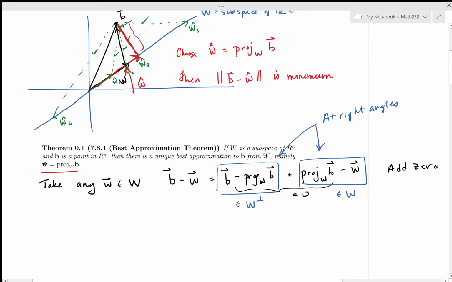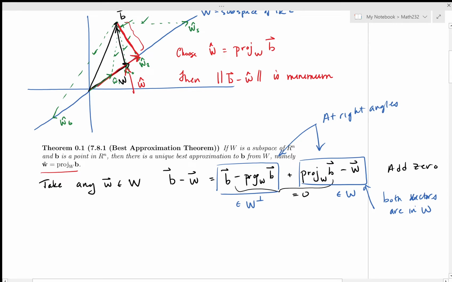So you can identify for yourself on that drawing where is B minus the projection of B onto W, and where is the projection onto W of B minus W. Both of these vectors are in W, so their difference is also going to be in W.